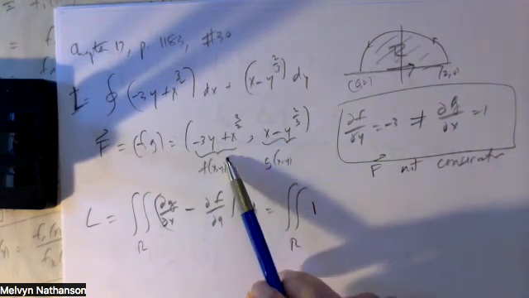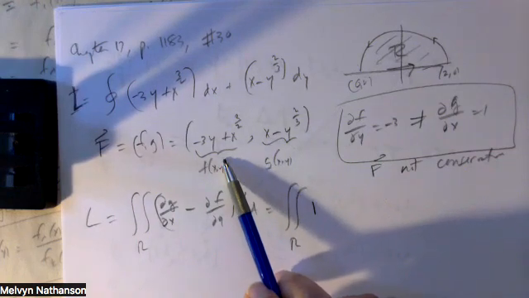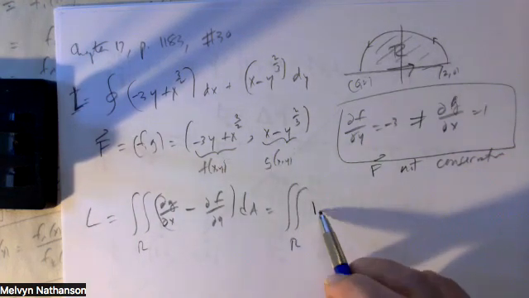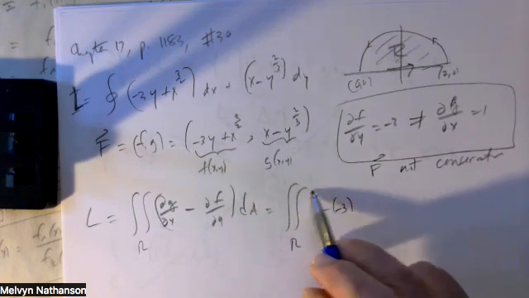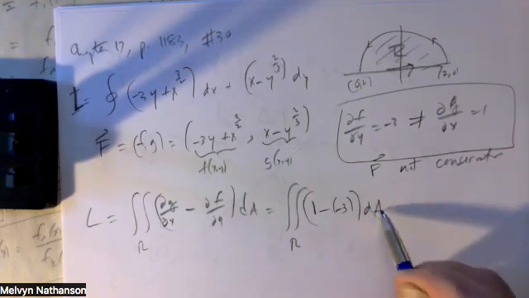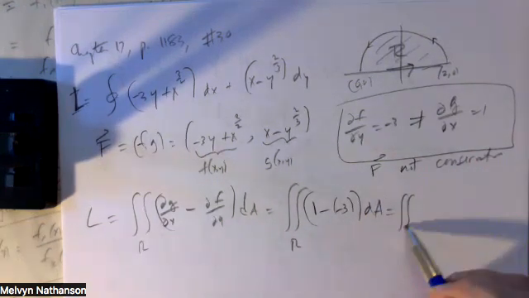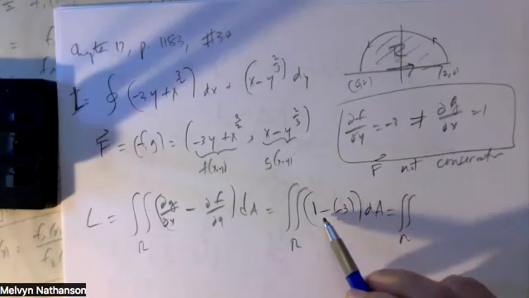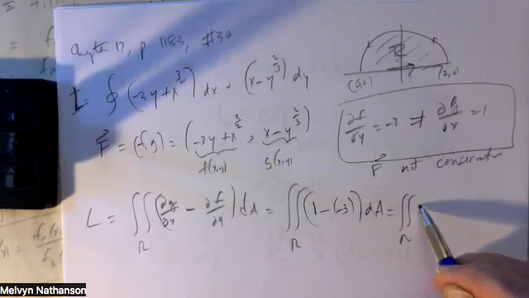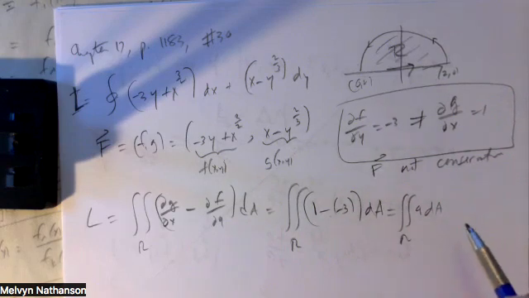And the partial of F with respect to Y is minus 3. So that's the double integral over this region of 1 minus minus 3, which is 4, dA.